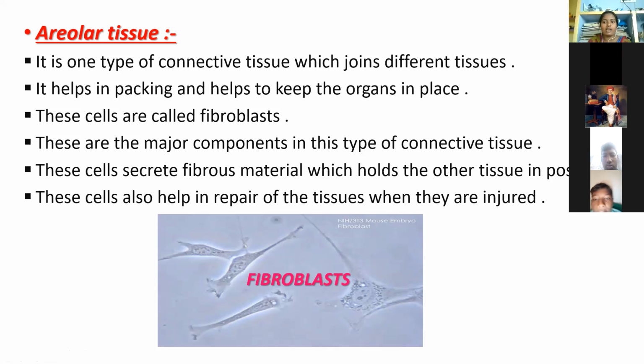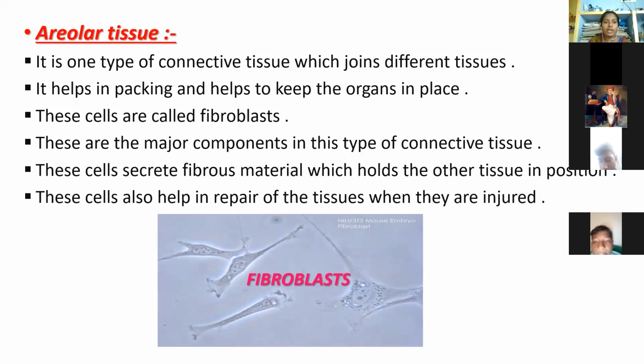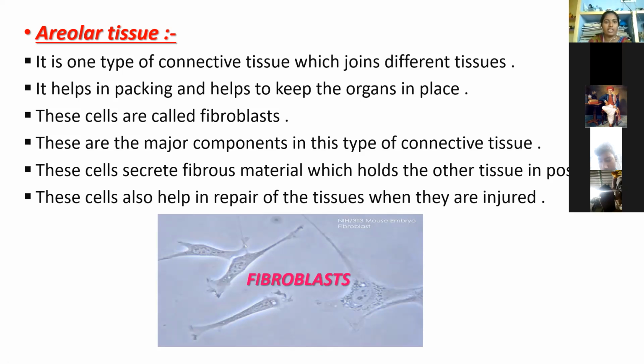It holds the other tissues in position, and these cells are also helpful for the repair of tissues when they are injured.